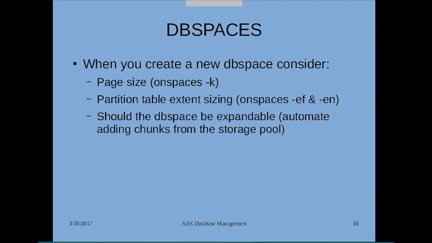You need to size the partition table extents. So when a DB space is created, space is allocated at the beginning of the DB space for a certain number of what are called table space, or partition header pages. That's your actual table. Those are the header pages that define where your table lives, where its extents are, where its indexes are, et cetera, et cetera.